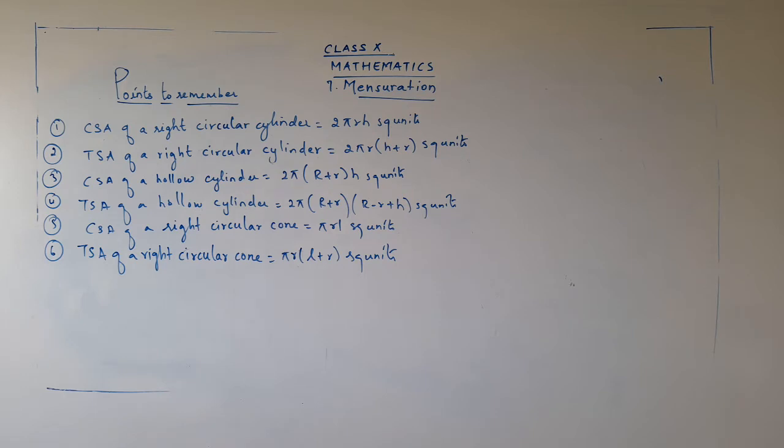Write down: TSA of a right circular cone is equal to pi r into (L plus r) square units. I hope you are taking down the formulas.